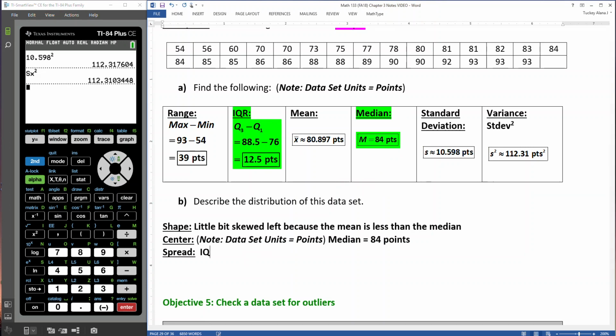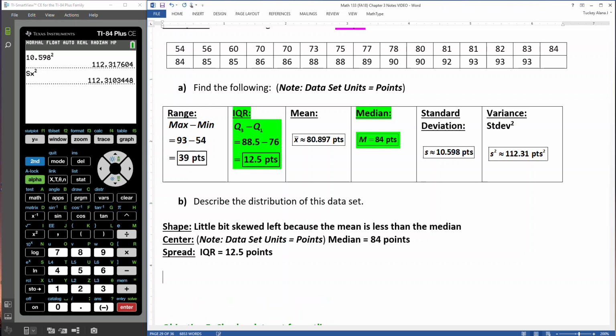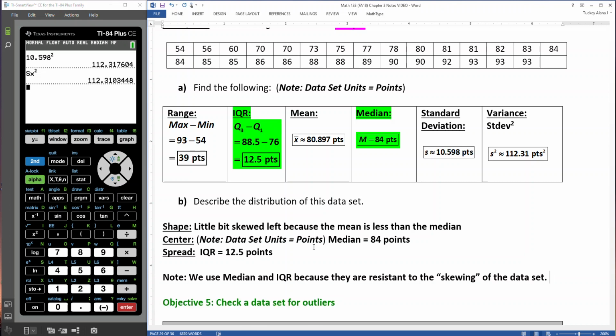The IQR, interquartile range, is 12.5 points. And you can make a little note: we use median and IQR because they are resistant to the skewing of the data set that we said was there in the first part for the shape.